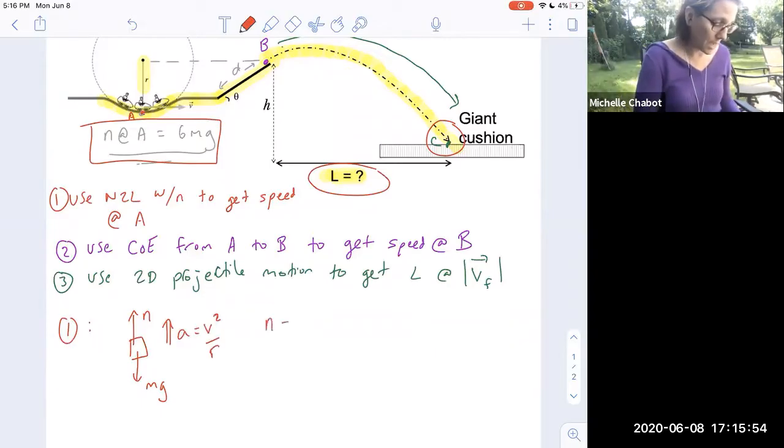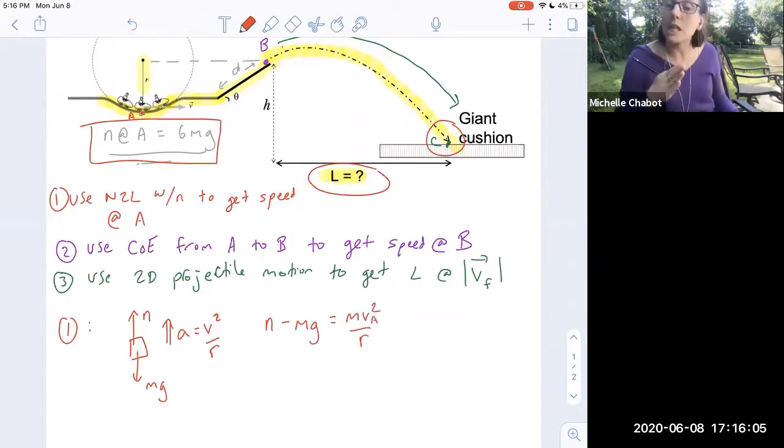So we can say N minus mg, the sum of forces in the vertical direction, is equal to m v squared over r. I'm going to call that v sub A because that's the speed at point A. Subscripts can be very useful with these combined concept problems. And so then N, in this case, we were told was equal to 6 mg.